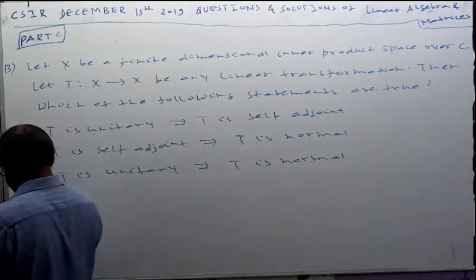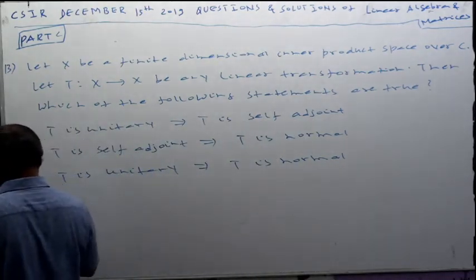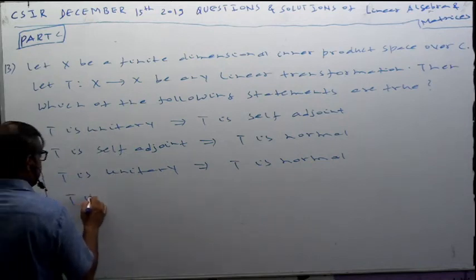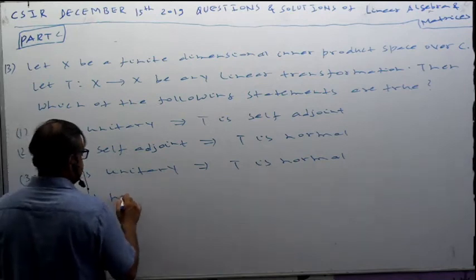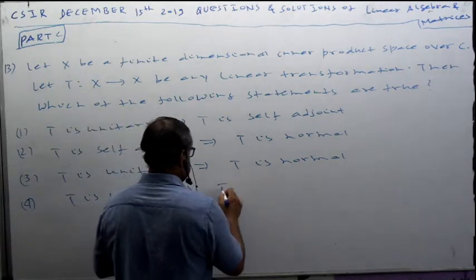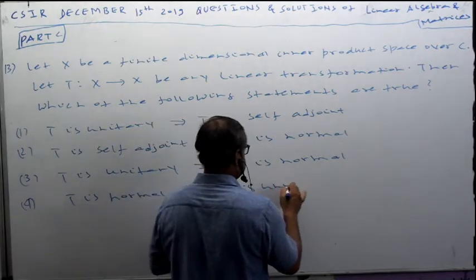Last option, T is normal implies T is unitary.